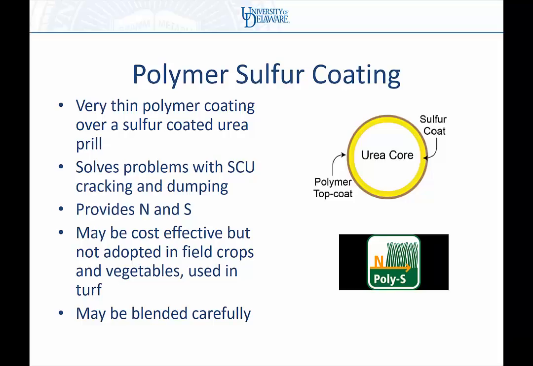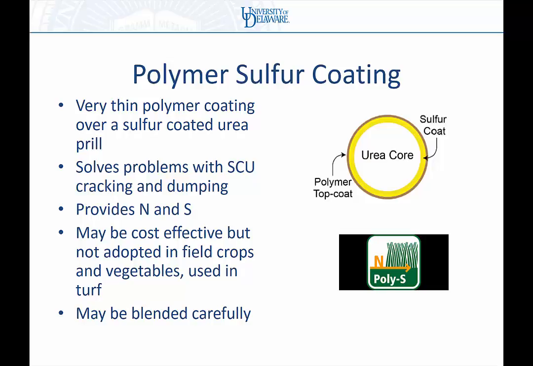One combined technology that you wouldn't think would have any market share, but it does, is this polymer sulfur coating, where they take a sulfur-coated urea particle and put a very thin reactive polymer shell around it. That's thinner than the ones we saw in the previous slide. So you get the benefits of both the polymer coat and the sulfur coat in these products.